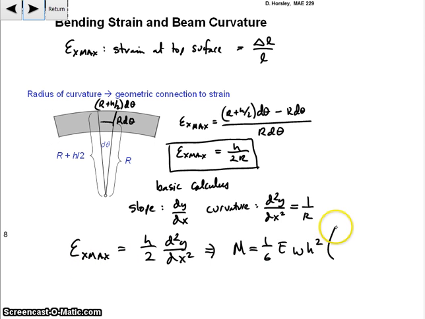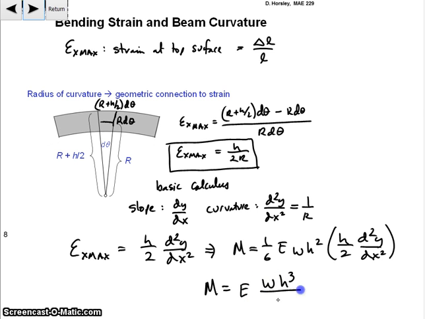I'm going to substitute in h over 2 d squared y dx squared. And so now we get a relationship between the bending moment and the curvature of the beam. We can write this in a more simplified fashion: M is equal to E w h cubed over 12 times d squared y dx squared.